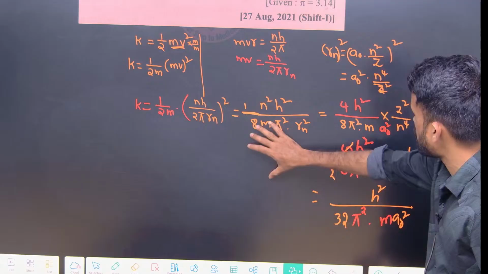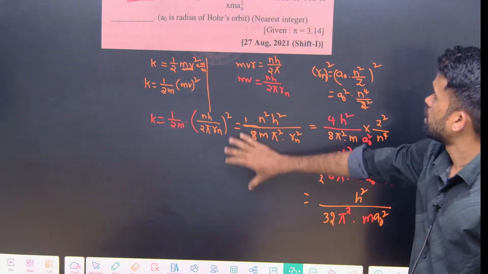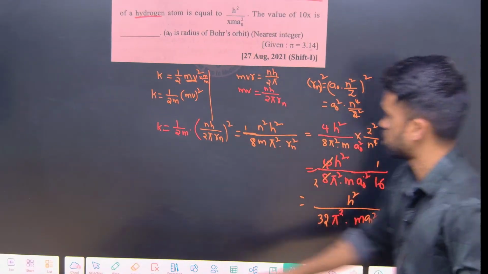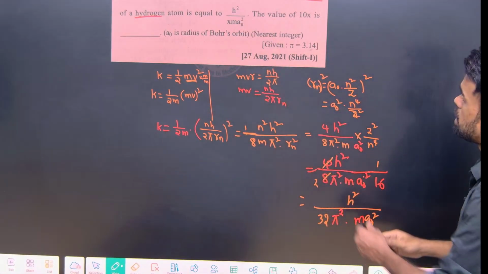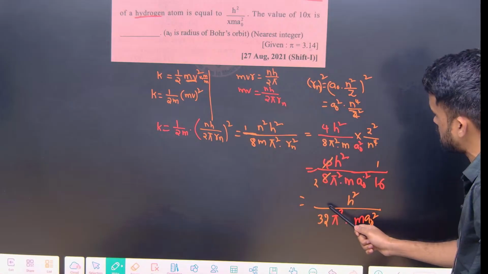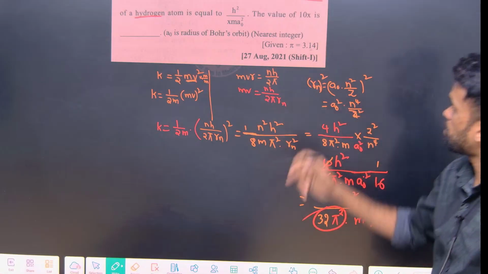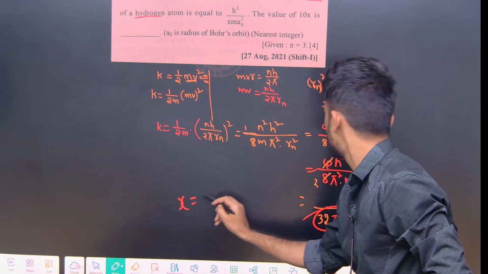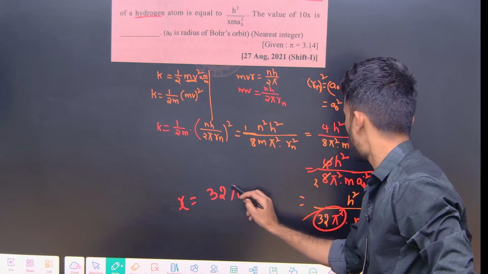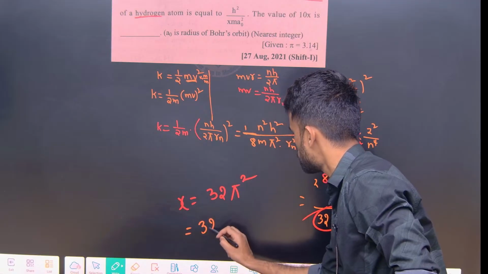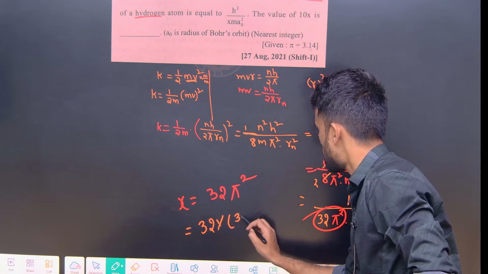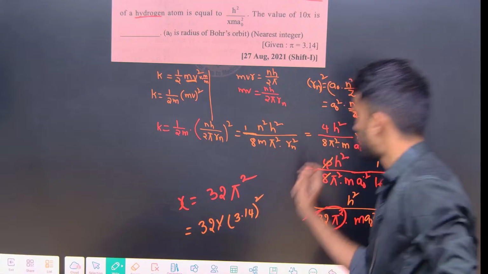Now compare the final answer with the equation that we have in the question. They are saying h by x m a0 square. So in the place of x we have this thing right now. Upon comparison, x is equal to 32 pi square. Just simplify this: 32 into 3.14 to the power 2.